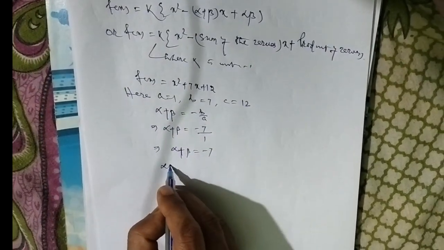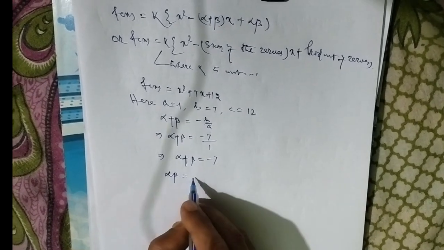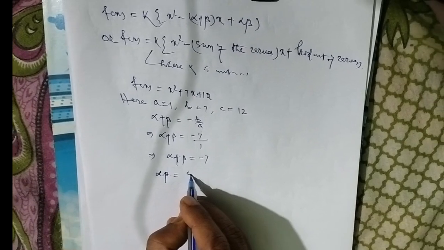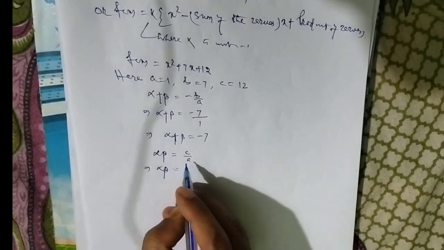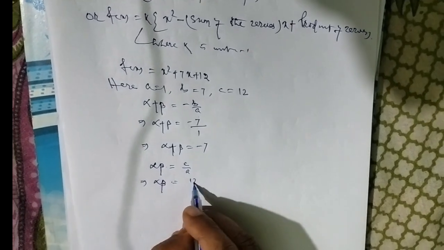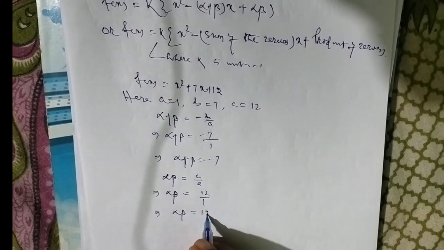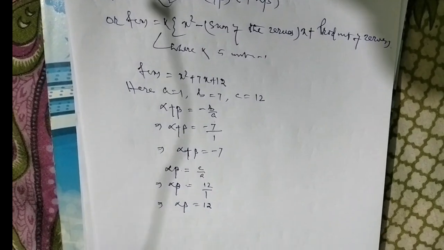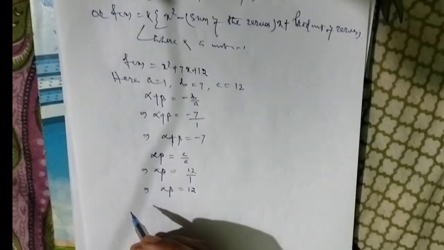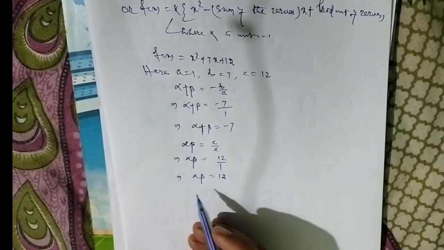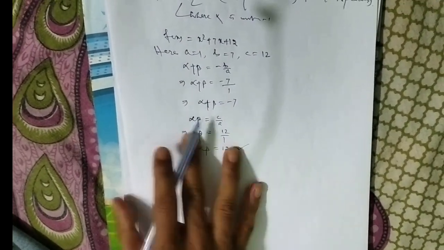Then product of zeros is alpha into beta is equal to the formula c by a. Put the value of c 12, put the value of a 1, alpha into beta is equal to 12. The relationship between the zeros and coefficients is verified.